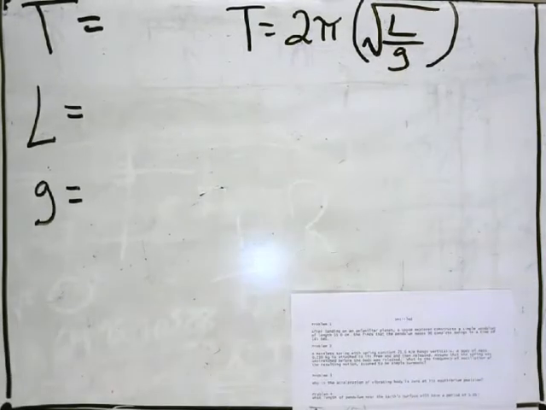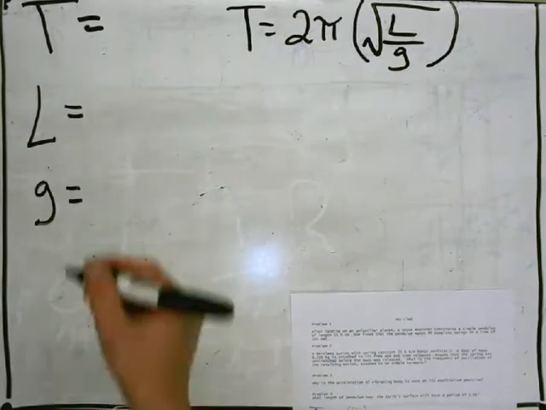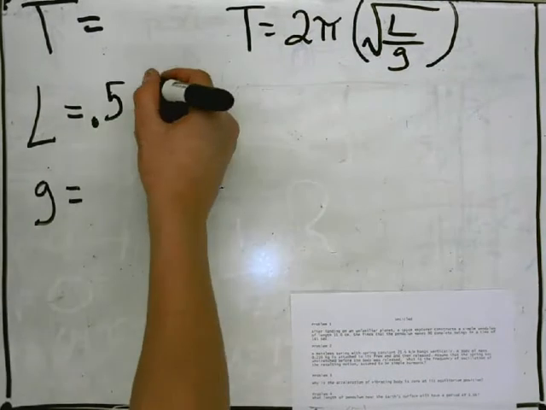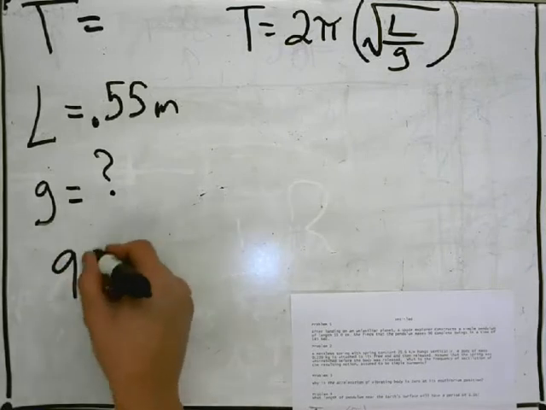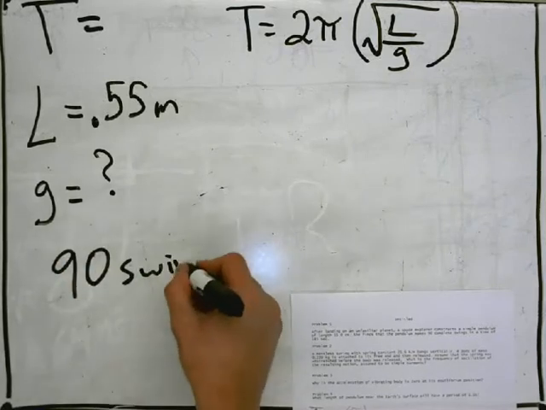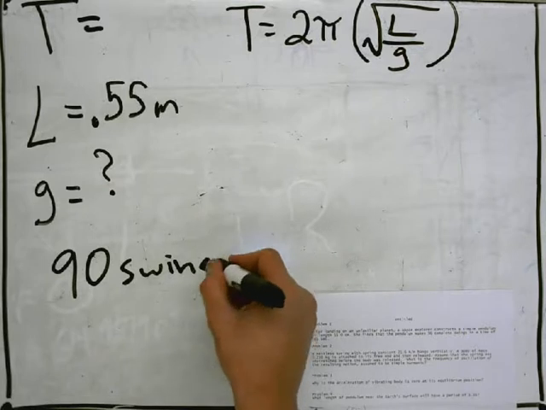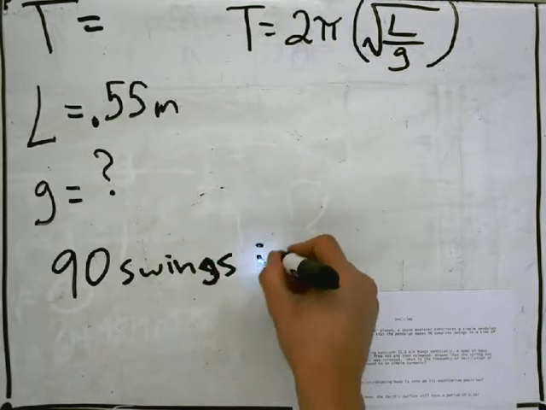So, we know that the length of the pendulum is 0.55 meters. And the reason I'm doing this in meters and not centimeters is because then it's going to be much easier to express gravity, and we won't have to make that conversion later. And then, so this is going to be our unknown, and then we know that it makes 90 complete swings in 145 seconds.